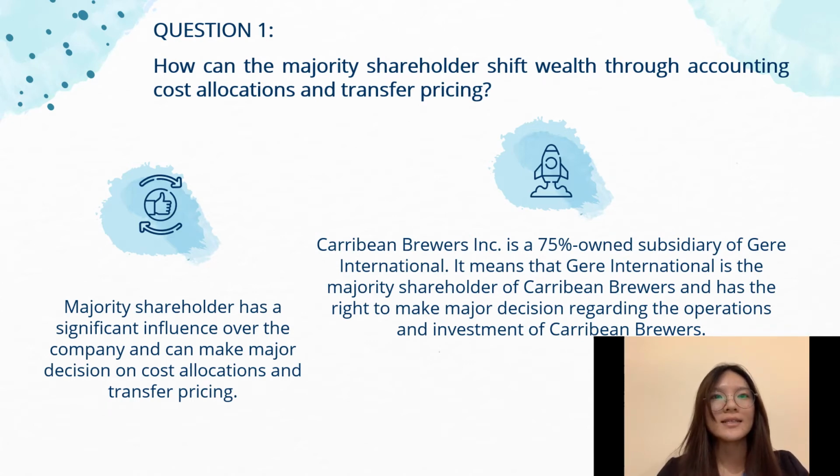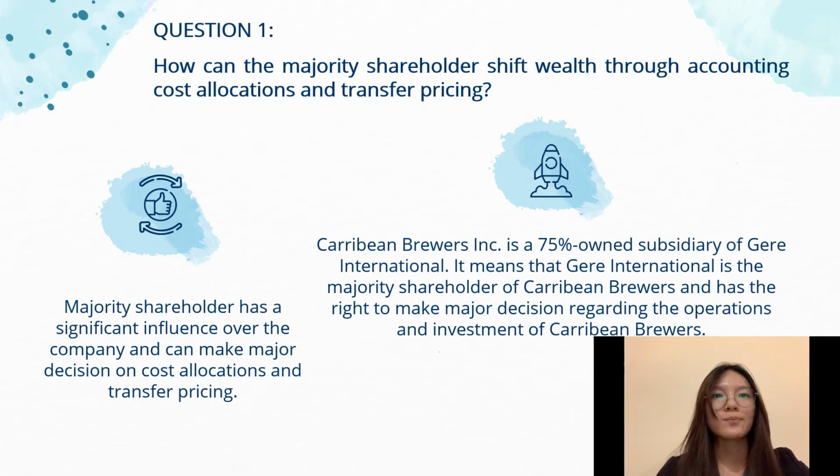Processes such as cost allocations and transfer pricing will therefore be decided mainly by the majority shareholders. The other shareholders will just participate in the voting process to approve or reject a decision.